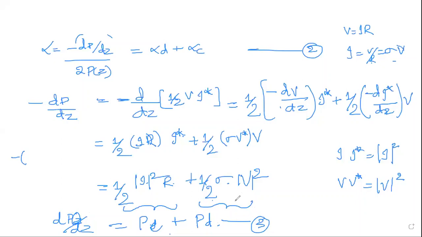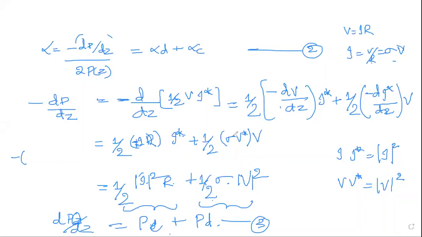So you are writing in terms of dP by dZ, which is equal to minus d by dZ, half into V into I complex conjugate, half into minus of dV by dZ into I complex conjugate, plus half into minus dI complex conjugate by dZ into V. Even if you take minus here, when you consider minus I and I star, it will become magnitude of square. So either you can consider it and eliminate it here, or you can directly eliminate it here.